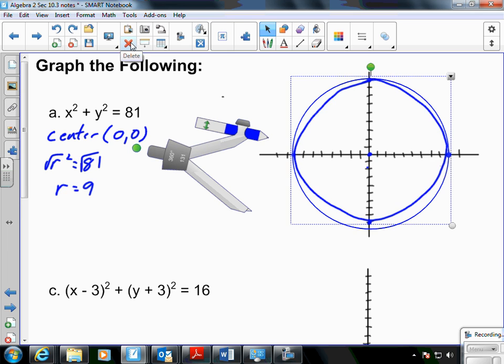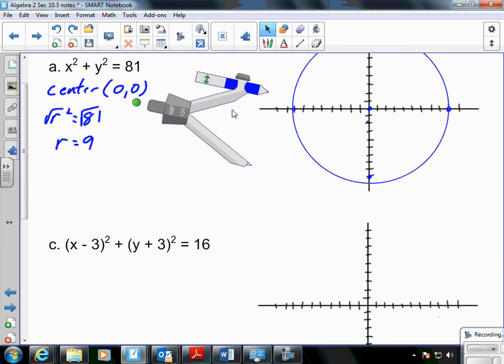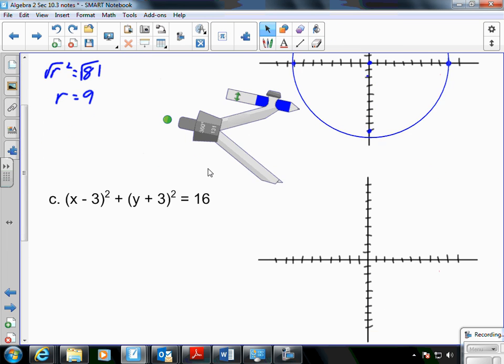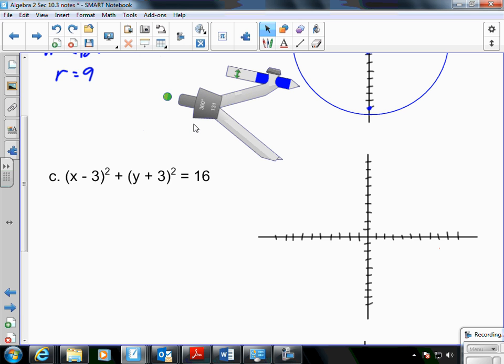All right, so now moving on to the next one. x minus 3 squared plus y plus 3 squared equals 16. So we do have an h and a k on this one. H is going to be positive 3, k is going to be negative 3.